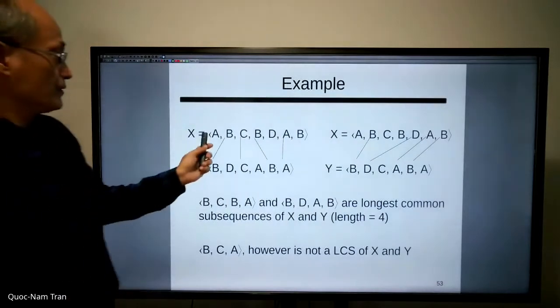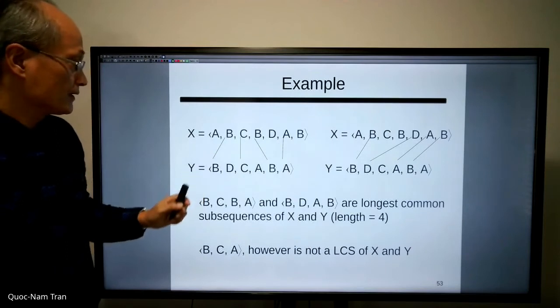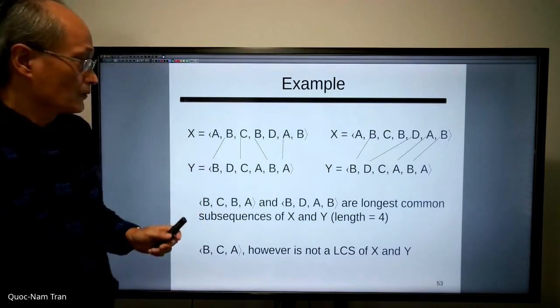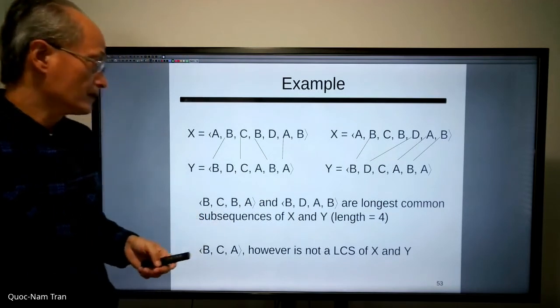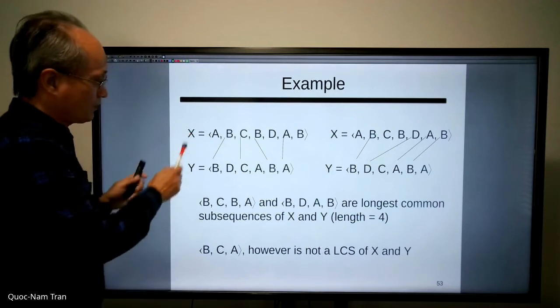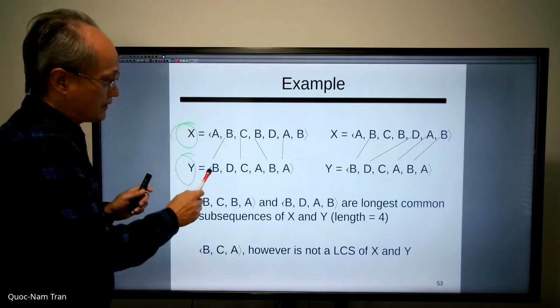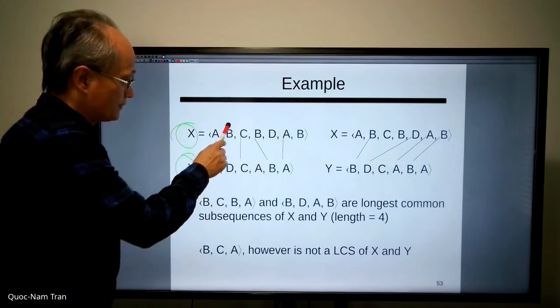So we have two sequences here, X and Y. We want to know what would be the longest common subsequence. For example, in this case, you have X and Y here. You can have B, C, B, A from the first.